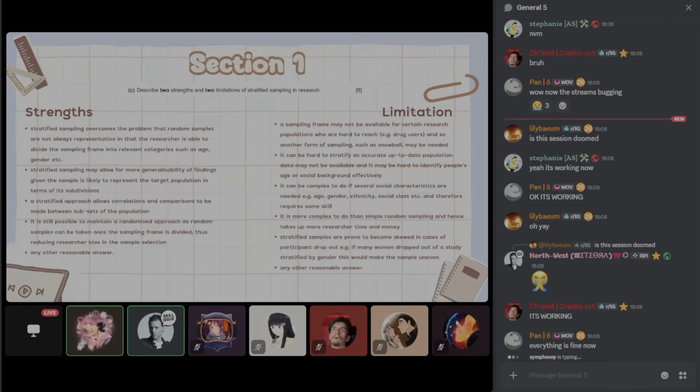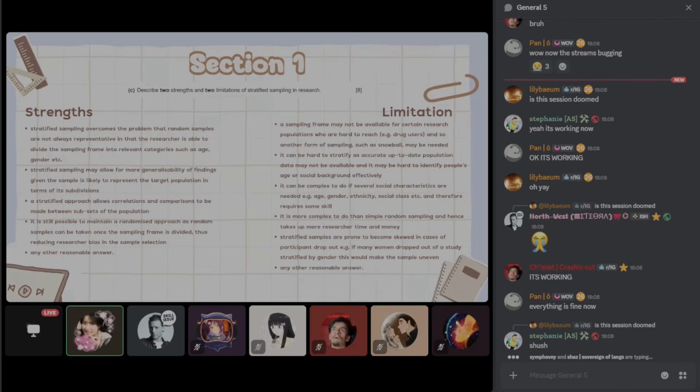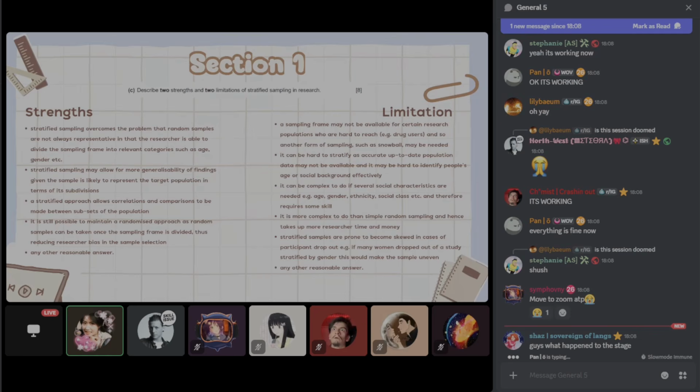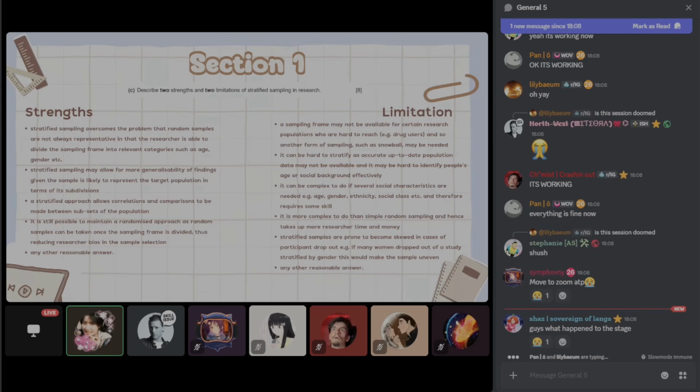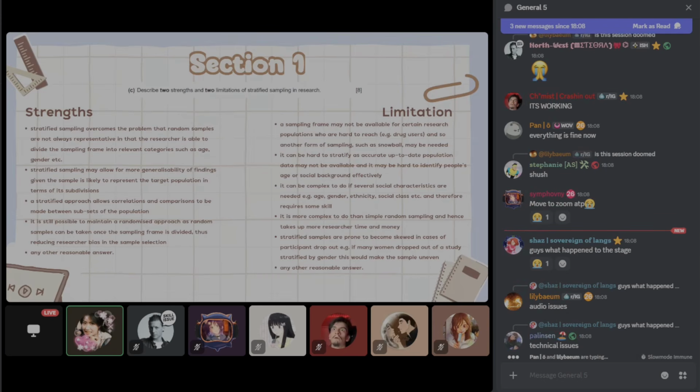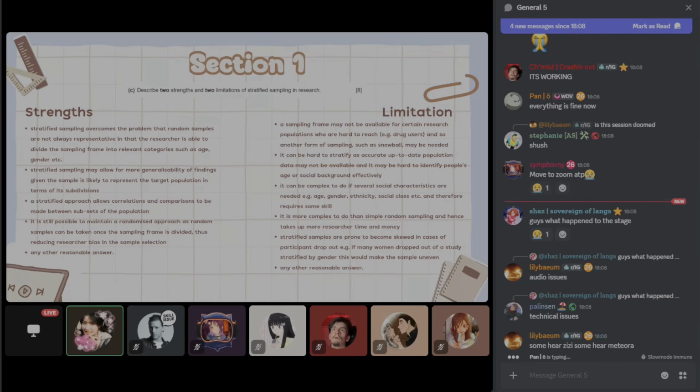All right, okay, let me restart about stratified sampling. So, stratified sampling strengths. They overcome the problem that random samples are not always representative, in that the researcher is able to divide the sampling frame into relevant categories such as age, gender, etc. And they may allow for more generalizability of findings, given the sample is likely to represent the target population in terms of its subdivisions.